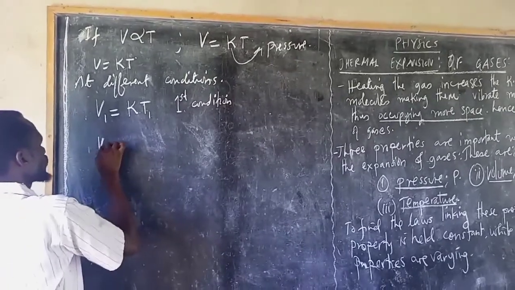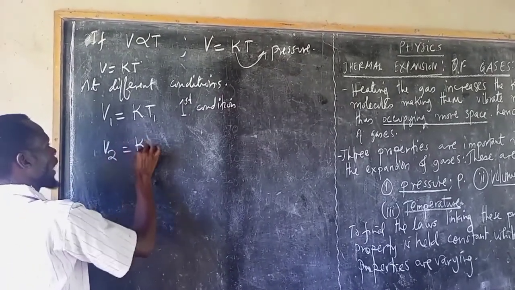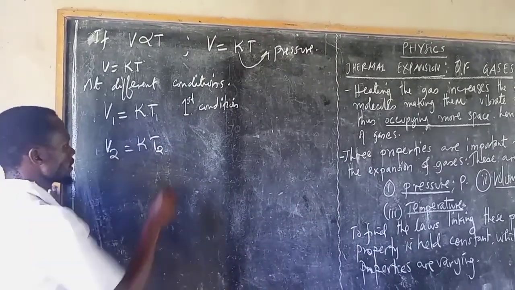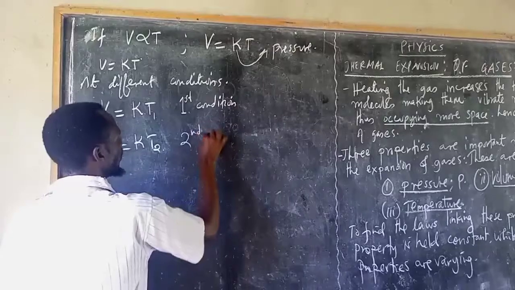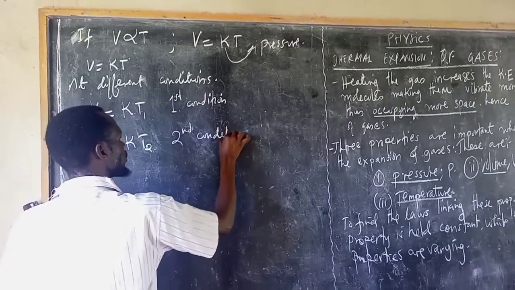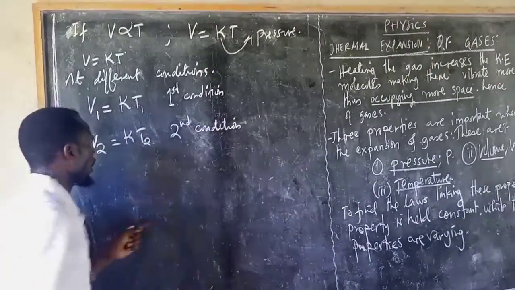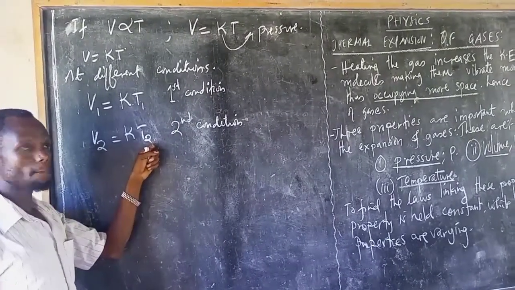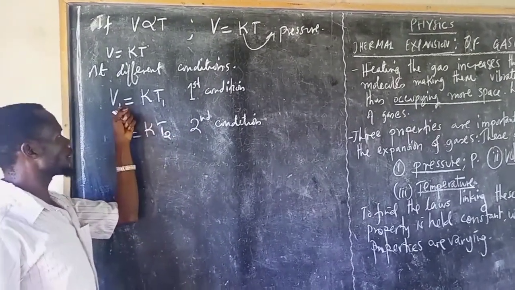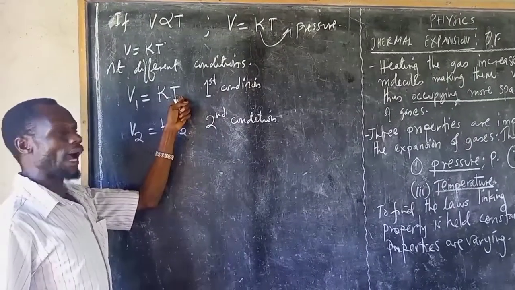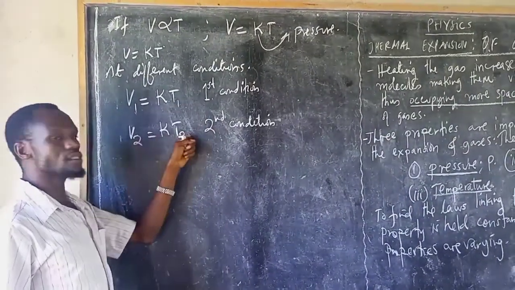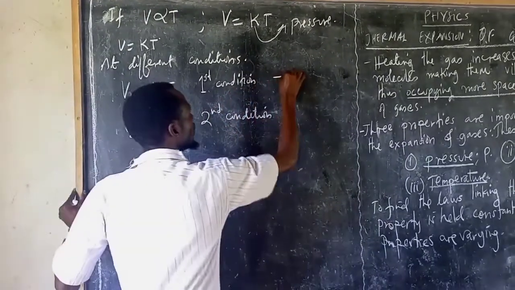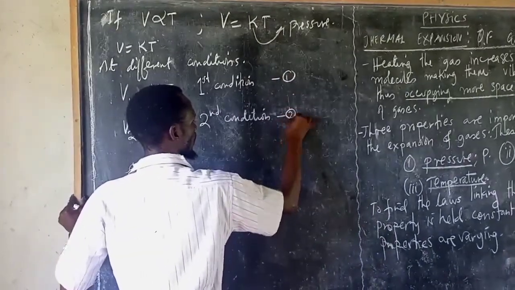It turns to V2, equal to KT2. This is the second condition. It means you have changed the volume, and also the temperature. This is due to the change in temperature. The first volume is at this temperature, and the second volume is at this temperature. This is the first equation, and this is the second equation.